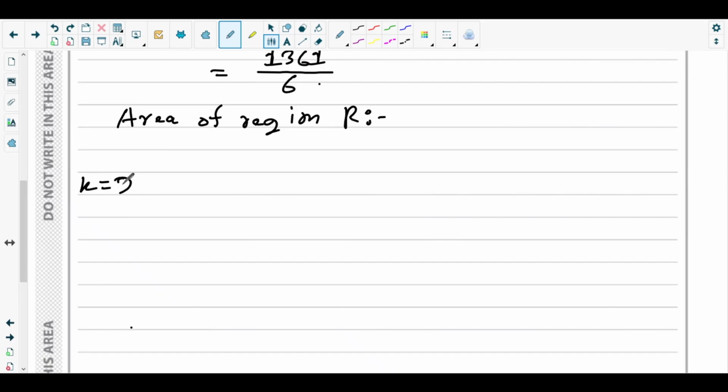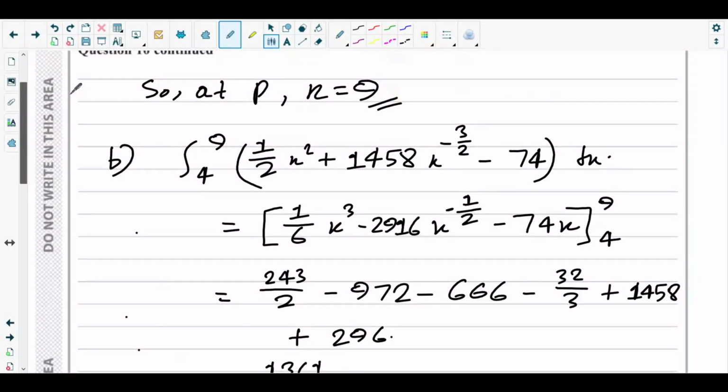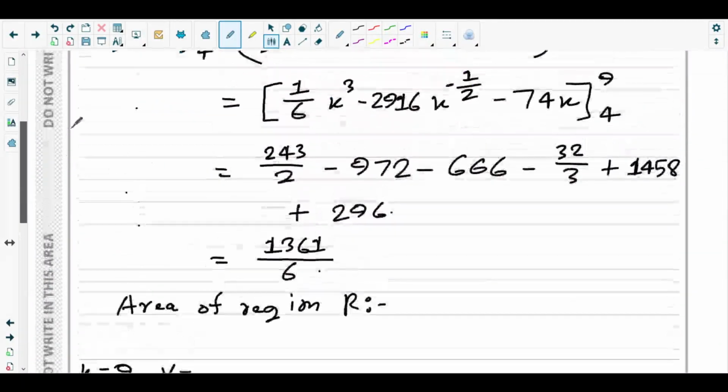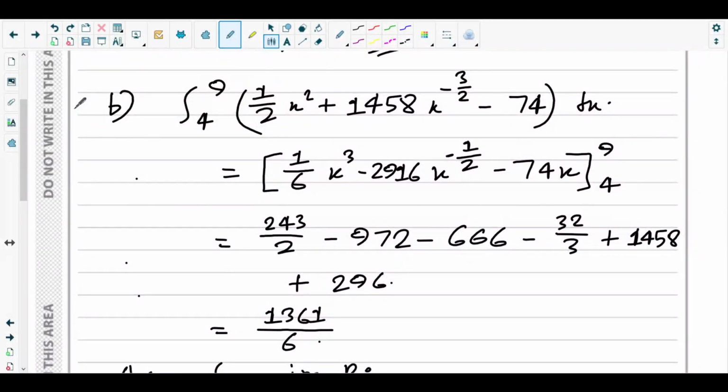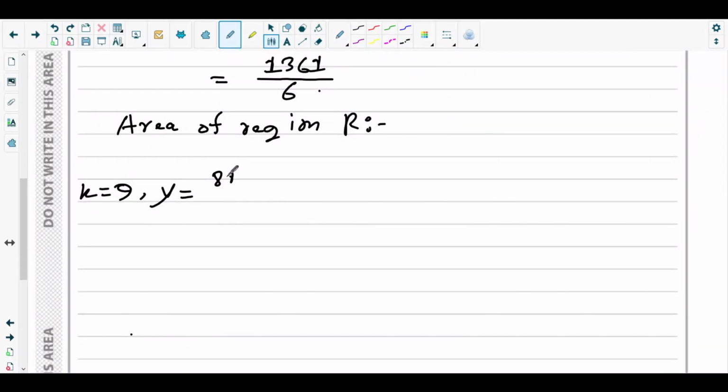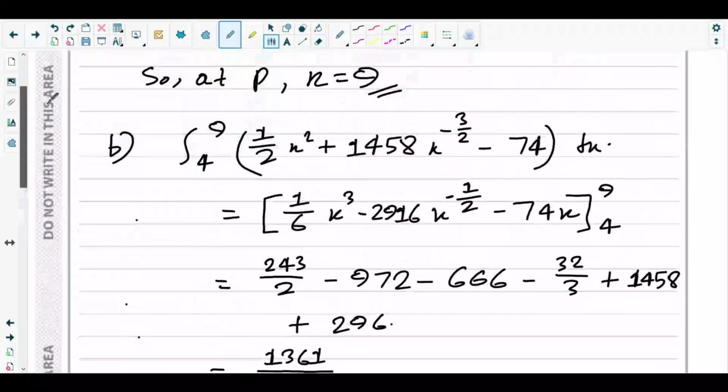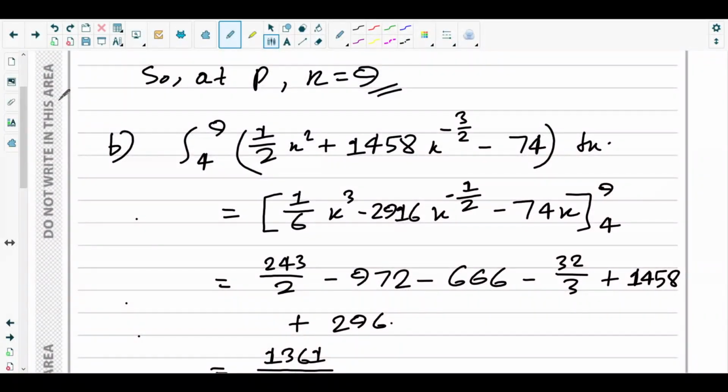If you put x equals 9, what would be the value for y? So y equals half of x squared, so half of 81, so 81 over 2, plus 1458 over the square root of 9 cubed, which is 3 cubed.